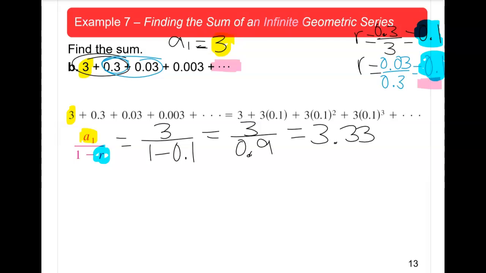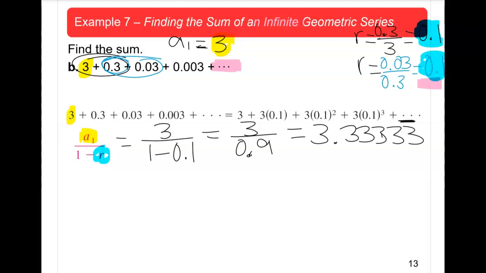Now, I want to show you something. The 33333 keeps repeating, and I know you learned this in elementary school. You can put a little bar on top of the last digit to indicate that it's a non-terminating decimal, and that it would just be 3 the whole way.